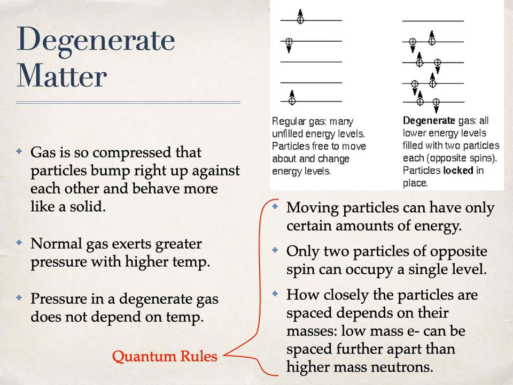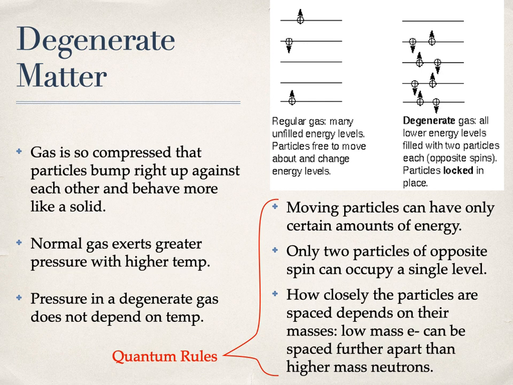So if you look up there at my little goofy picture, a regular gas has a lot of unfilled energy levels in terms of its electrons or where they're allowed to be. But in a degenerate gas, all those lower levels get filled with two particles of opposite spin. So you physically, by the laws of physics, can't put another electron in there any closer to the atomic nucleus. It's already full. It won't get any closer.